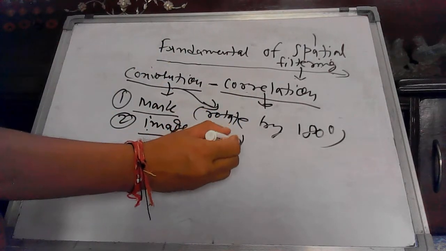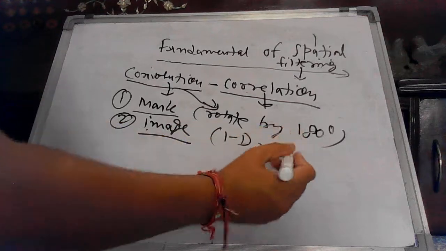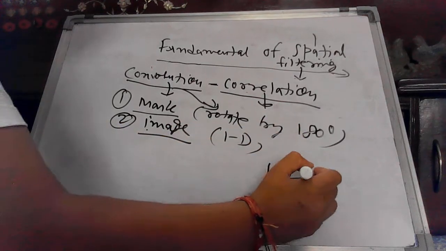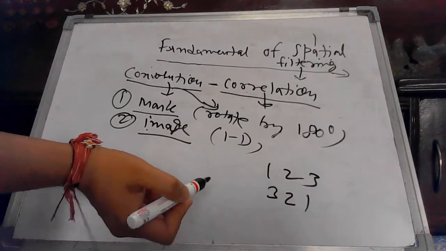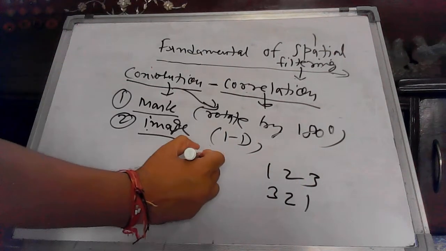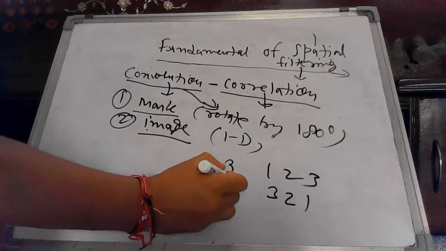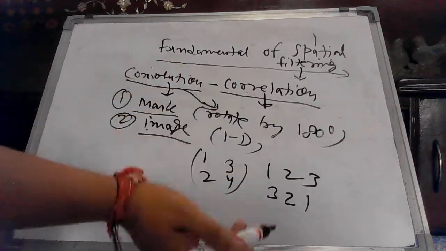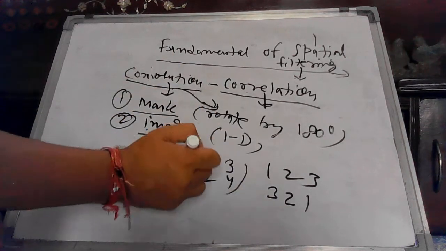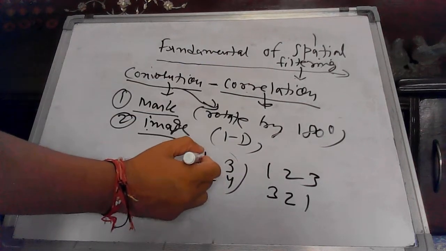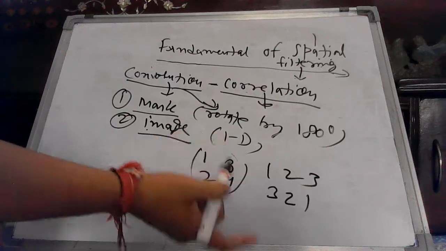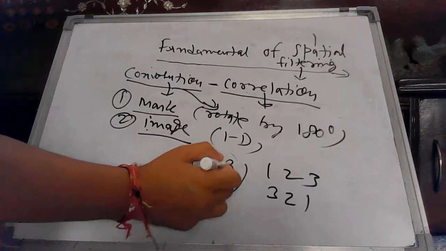If it is a 1D mask, it is very simple. Let's say it is 1, 2, 3. If you rotate it by 180 degrees, it will be 3, 2, 1. If it is a 2D mask, let's say 1, 2, 3, 4, and I tell you to perform convolution, then you have to rotate it by 180 degrees. A 180 degree rotation can be done in two steps. You can also do it in one step, but try to do it like this.